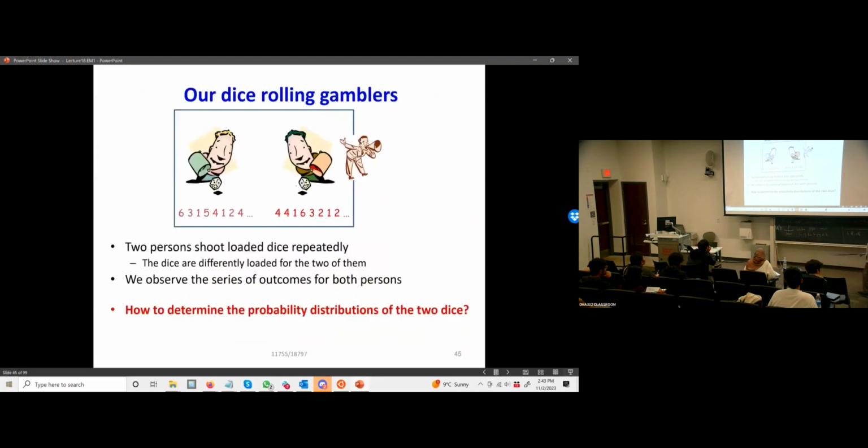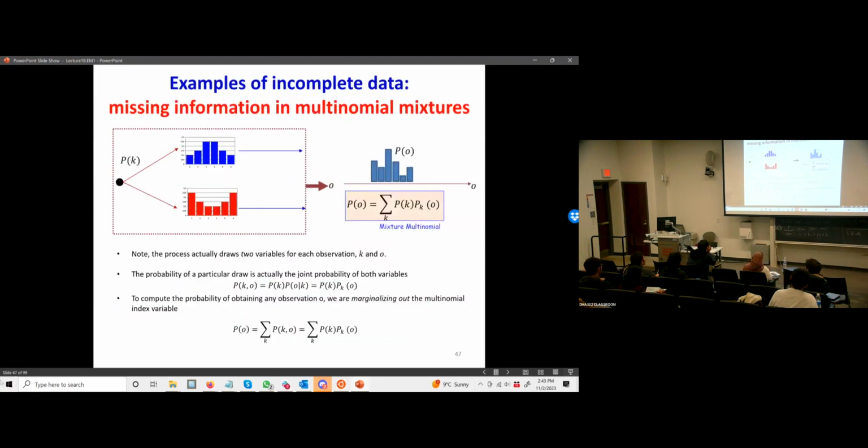So in any given draw over here, there were two variables chosen. First is the individual multinomial component itself, and the second is the outcome that came from that component. So a single draw actually selected two variables, the K and the O. You just happen to observe only the O. And so if you want to get the total probability of getting a particular outcome, choosing the red dice and the red dice generating the number 6, it's P of K times P of O given K. This is the probability of choosing the red dice.